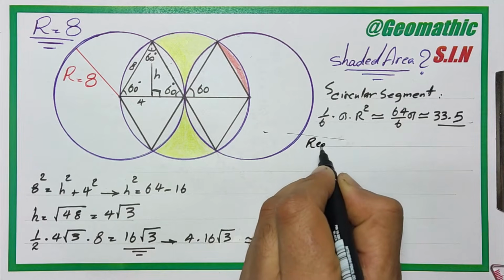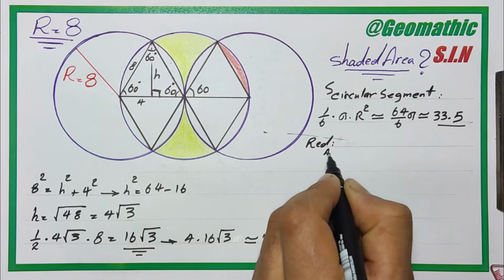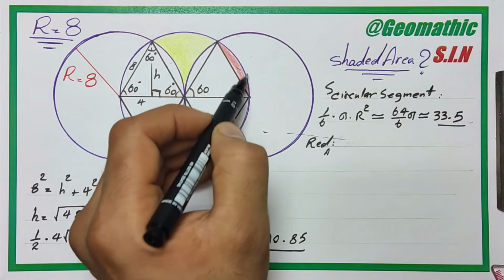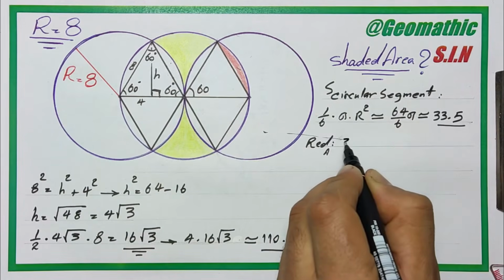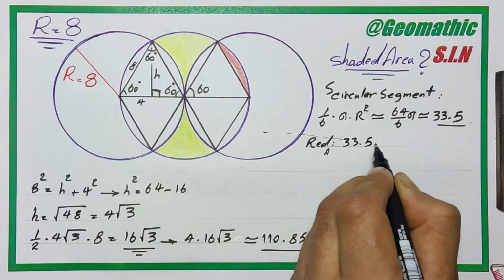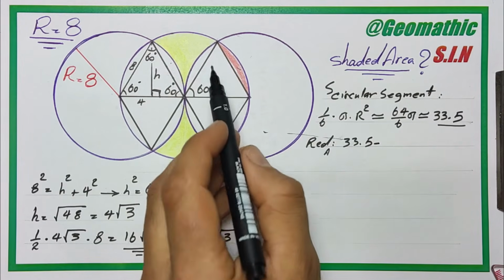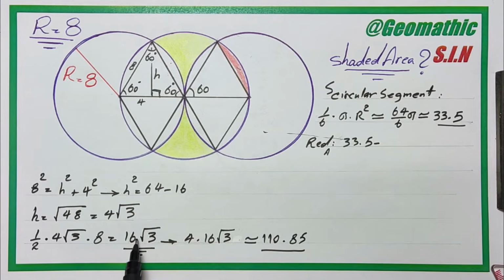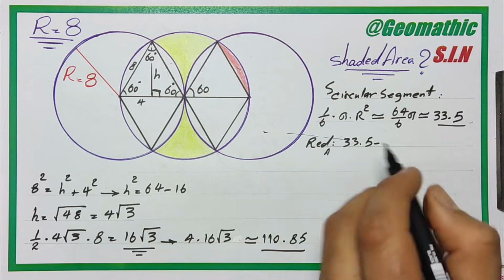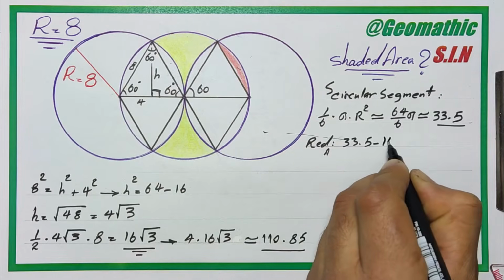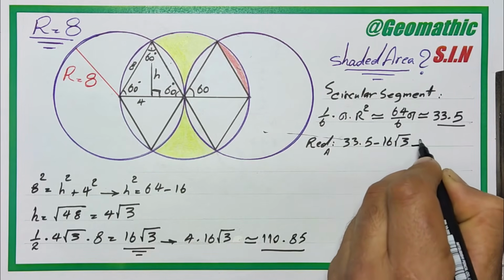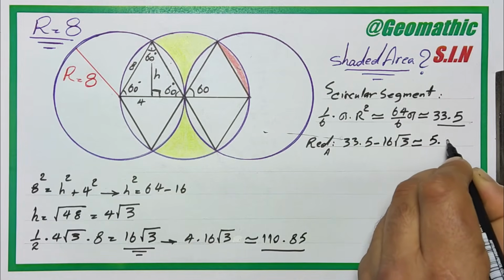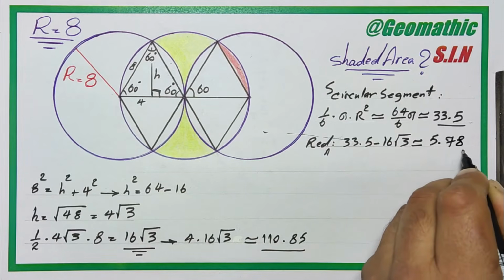Now the red area equals the area of the 1/6 circular sector, which is 33.5, minus the area of an equilateral triangle, which is 16 times the square root of 3. Approximately equals 5.78.